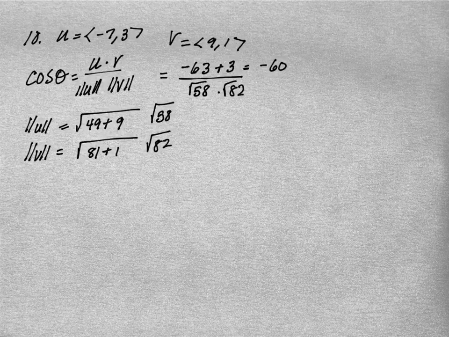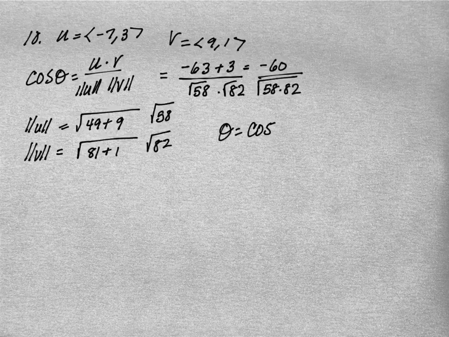And since we're using our calculator anyway, we'll just put that 58 times 82 like that. Why not, right? So theta is the inverse cosine of negative 60 over the square root of 58 times 82. So let's get that into the calculator.